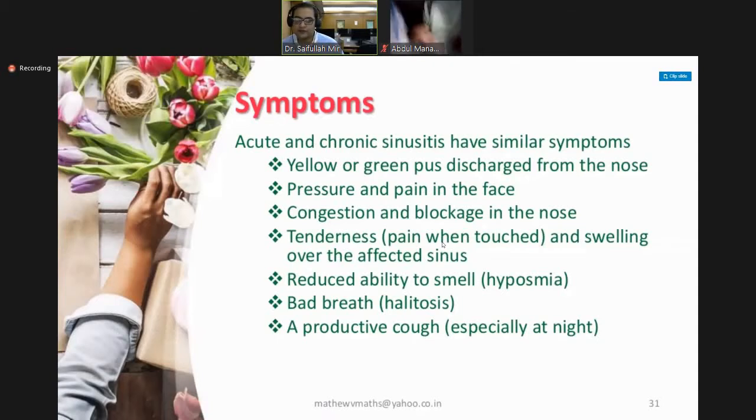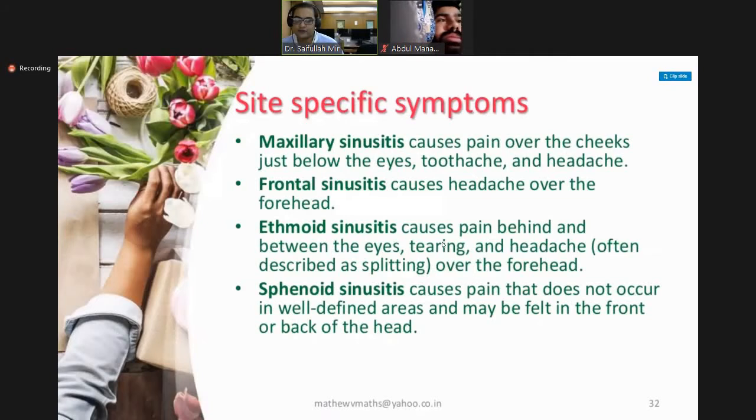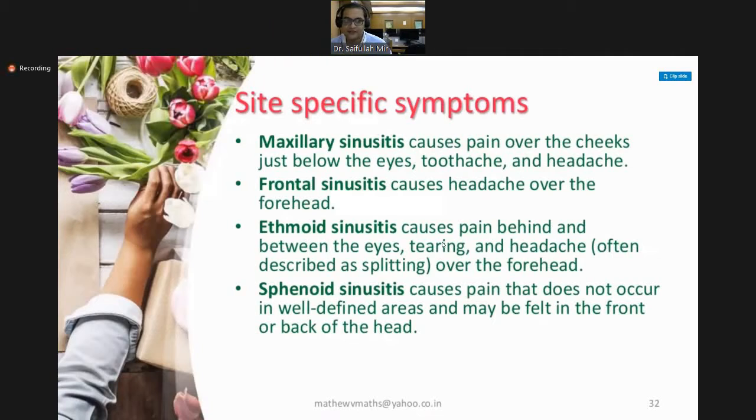So site-specific infections are maxillary sinusitis, which is pain over the cheek or just below the eyes. Frontal sinusitis, which causes pain over the forehead region. Ethmoid sinusitis, pain behind or between the eyes, which is like splitting over the forehead.